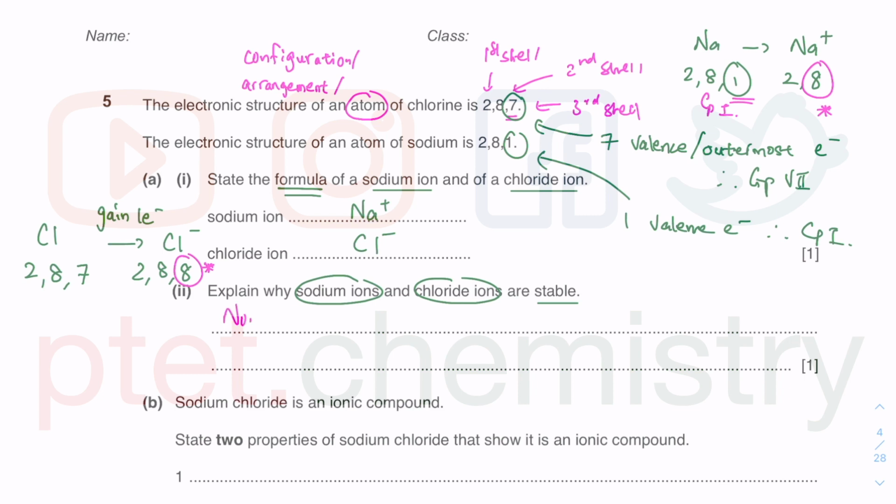So now, both the Na plus and Cl minus have a fully filled outer shell. This is very, very important. They have a full outer shell, outermost, or I could use the word valence, whichever one you like, stick with 1. They now have a fully filled outer shell.